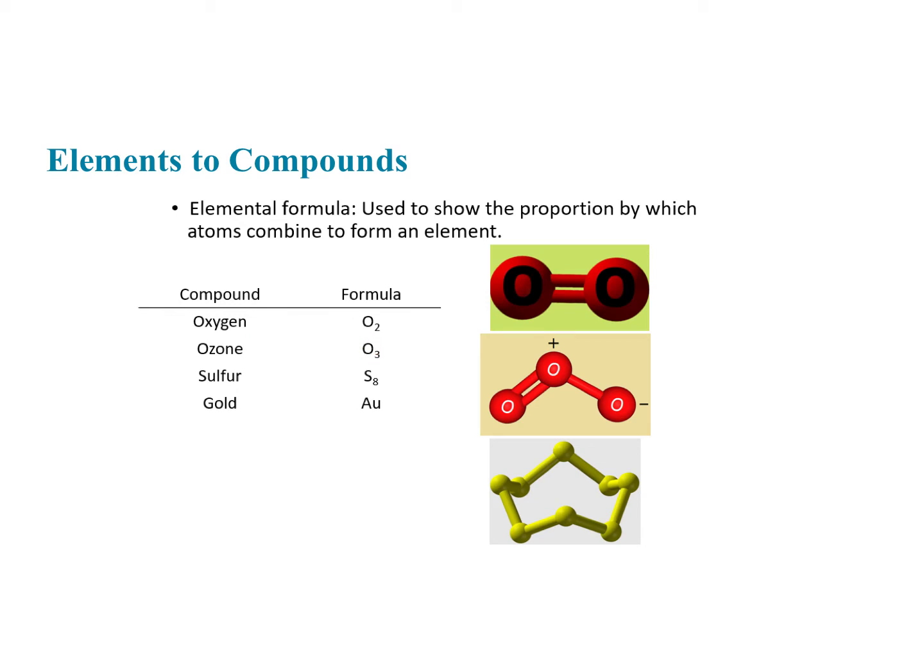If you look over to the right here, I've got pictures. These aren't actual photographs of atoms, obviously, but they're representations or models. We have O2, where I have an oxygen atom here and an oxygen atom there, and they're bonded together, and they form a doublet of two oxygen atoms making up O2.